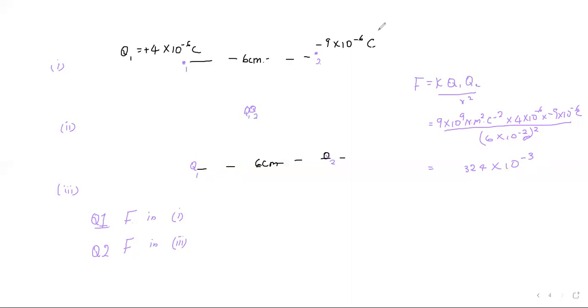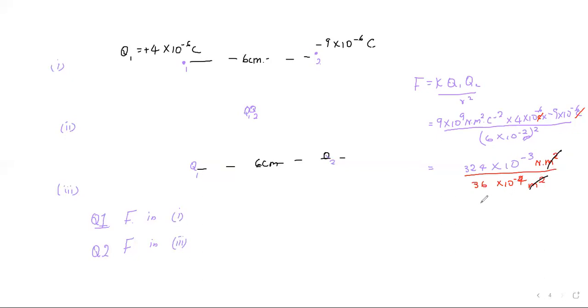Coulomb multiplied by Coulomb here will be Coulomb squared. Multiplied by Coulomb negative 2 cancels out. We remain with Newton meter squared divided by 36 times 10 to the power minus 4 meter squared. Appreciate that meter squared will cancel out there.